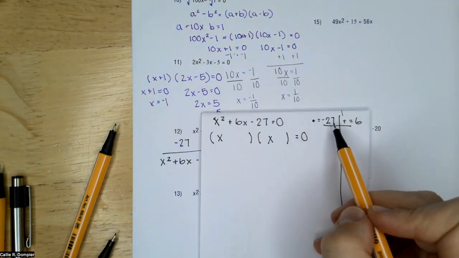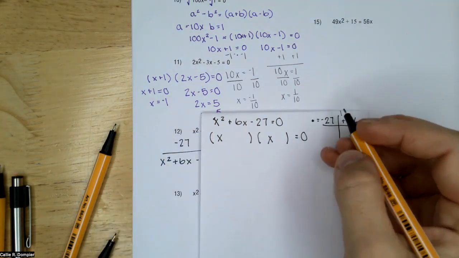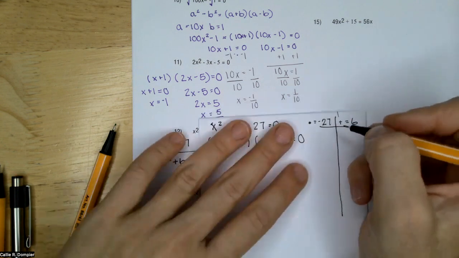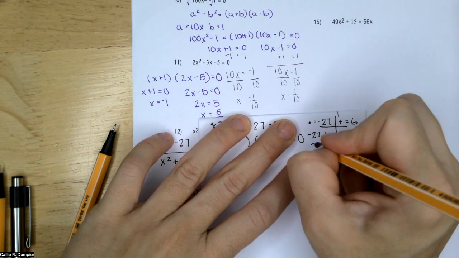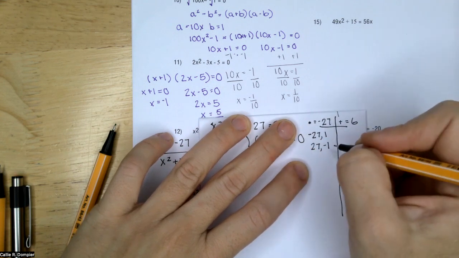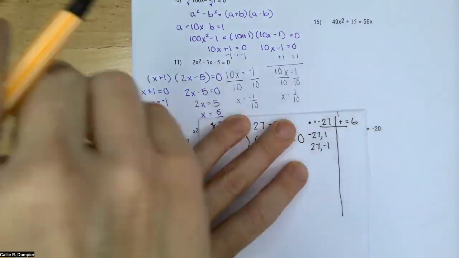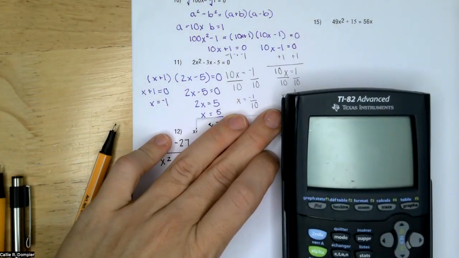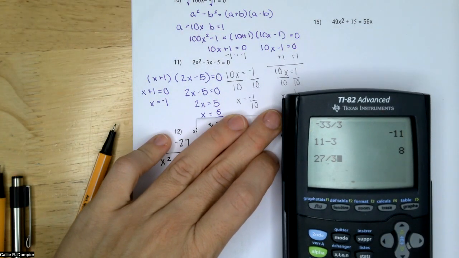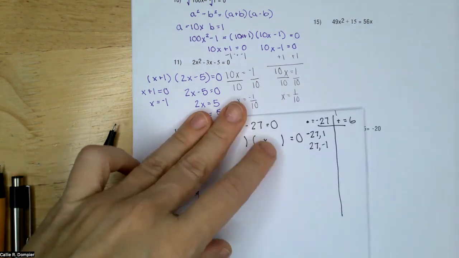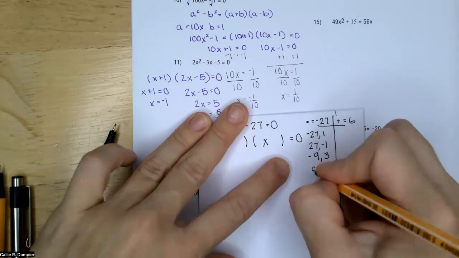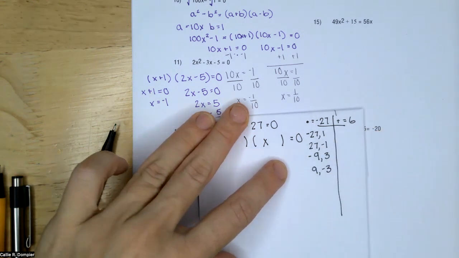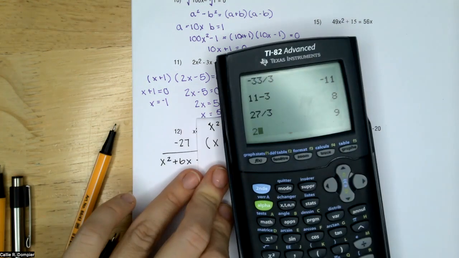If they're multiplying to a negative, it's going to be a negative times a positive. 27 is negative 27 and 1, positive 27 and negative 1. Can I divide it by 2? I don't think I can. 27 divided by 3 is 9. So it's either negative 9, positive 3, or positive 9, negative 3.